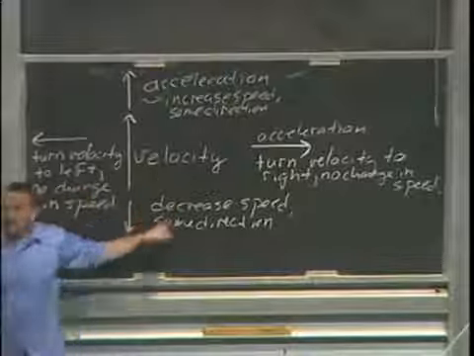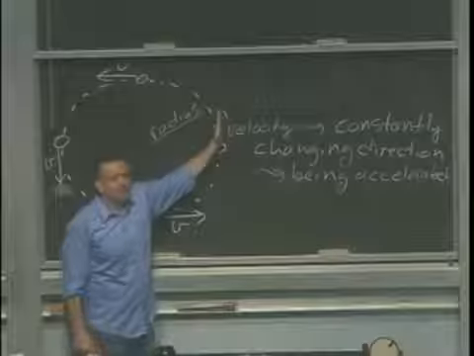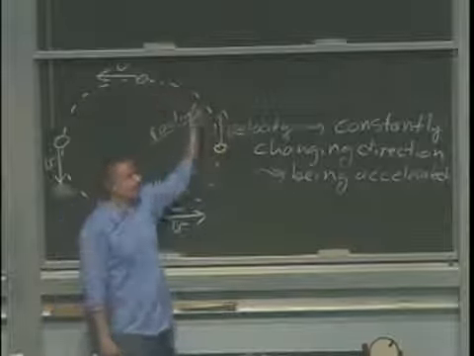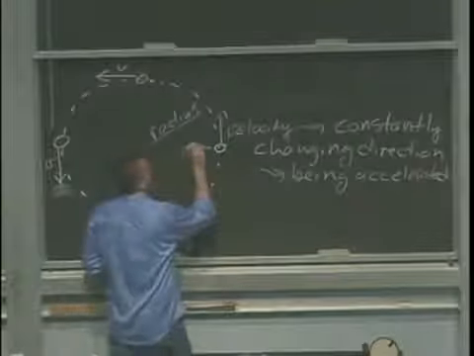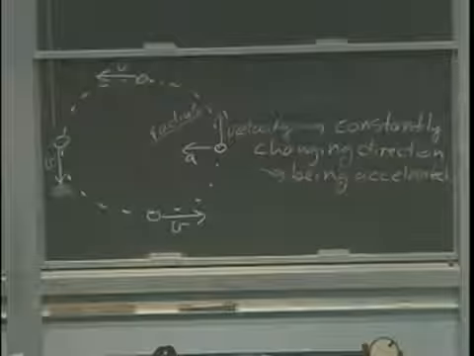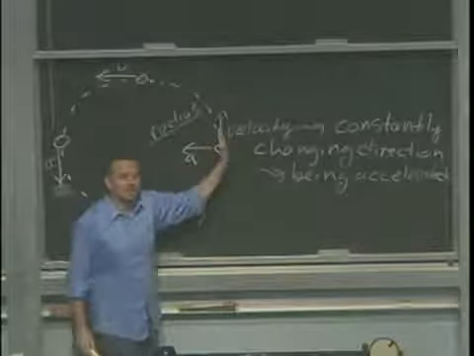So if we go back and look in this picture, when we have the velocity that's directed in this direction, we know that it's turning to the left, which means at this point the acceleration must be directed inwards towards the center of the circle. The acceleration at that point is just having the effect of turning that velocity but not of changing its magnitude.